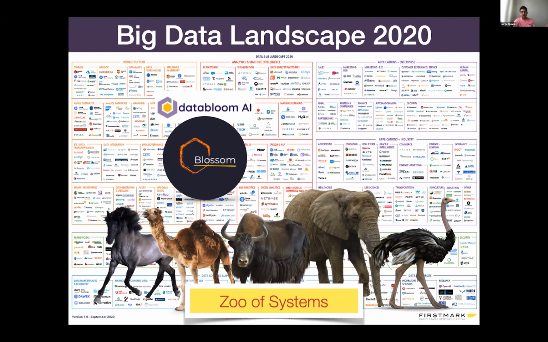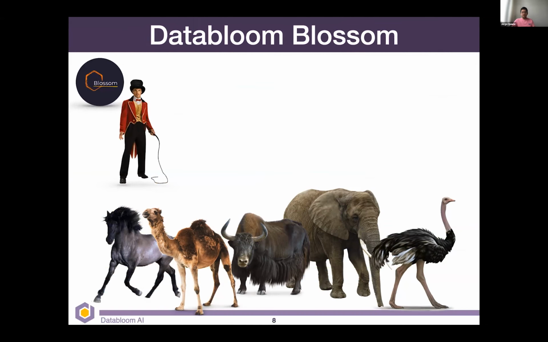That is what we try to do in Blossom, bringing this new intelligence for system selection on top of Flower for federated learning. In other words, we want to tame these animals to work together, in a completely transparent way for users.